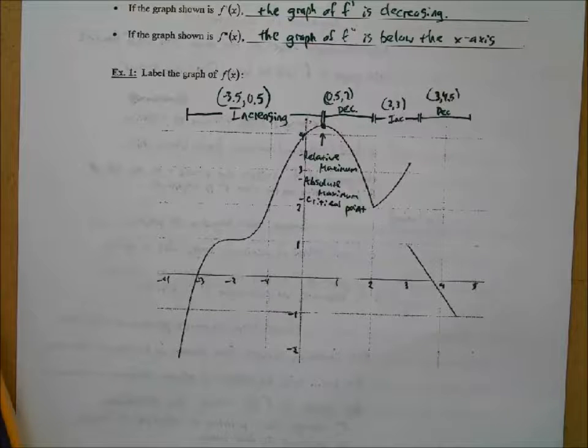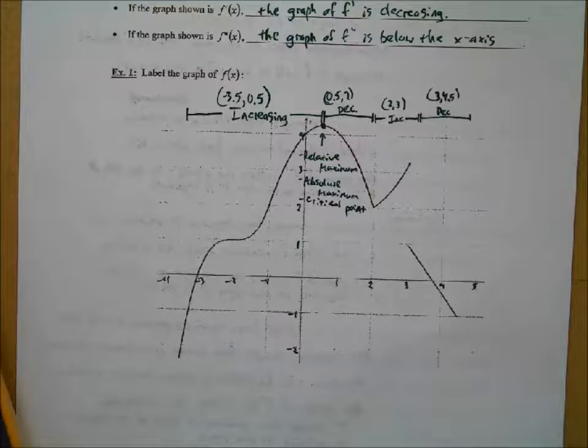Do we have any other relative maximums? That's a good question. Let me think about that. I think we want to say that it is not a relative maximum there because the function is not continuous.